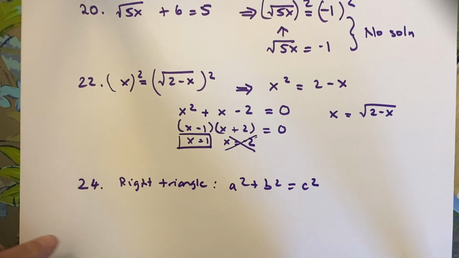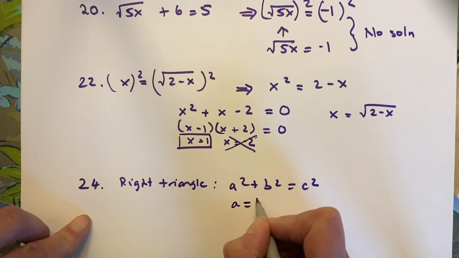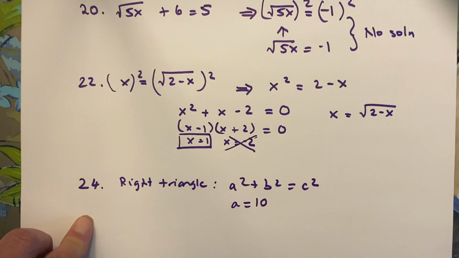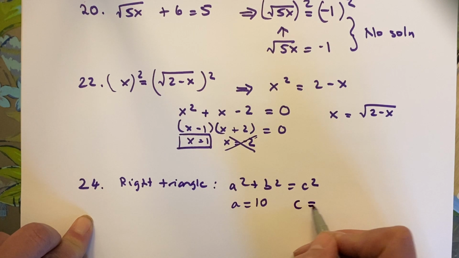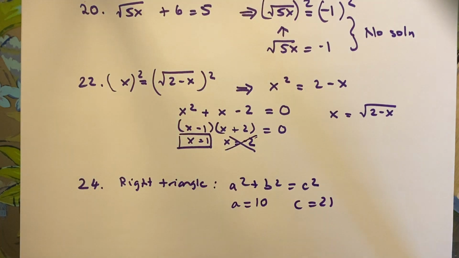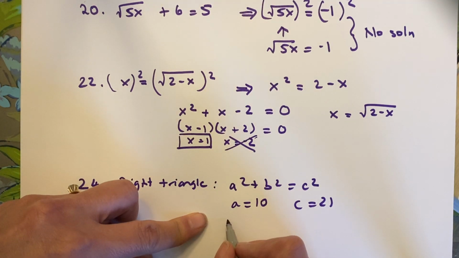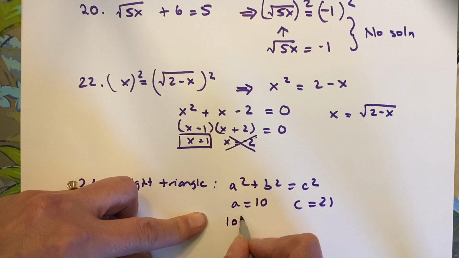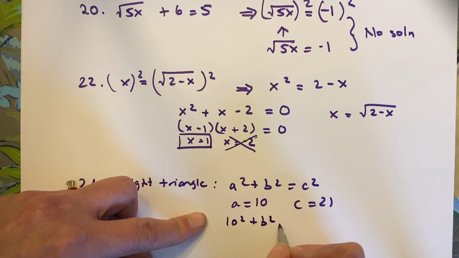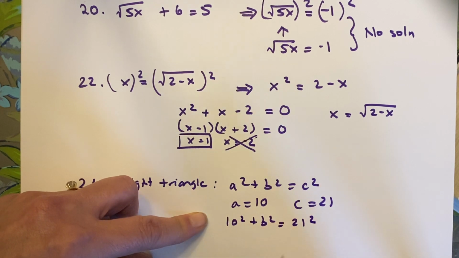And if we're told it's a right triangle where a equals 10 and c equals 21, we can use the Pythagorean theorem to find the value of b. So we're going to substitute this in. 10 squared plus b squared equals 21 squared.